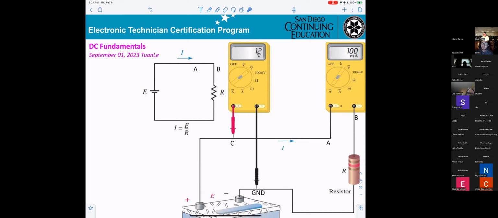Okay, the current has to go to here, right? You have to let it go to the meter, and the current must go through the resistor.